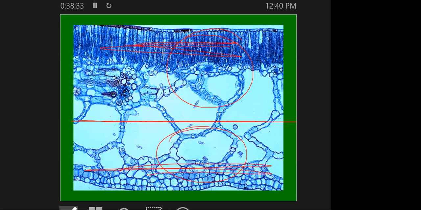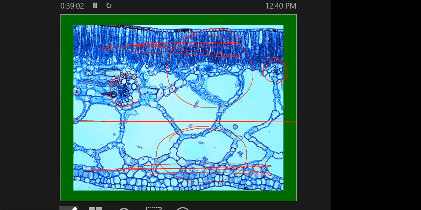So this is telling me this leaf spends life more horizontal, under those visual cues or clues. The other thing I would look at here, look at the vascular tissue. It's kind of minimal. You don't see a ton of tracheids and vessels there. There's a few. It's pretty minimal.